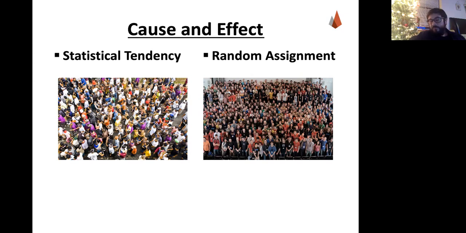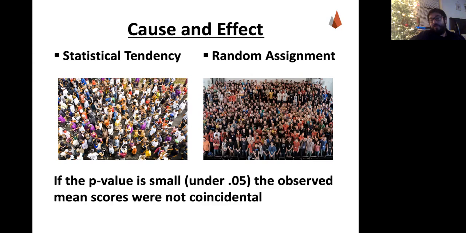Okay, so to wrap up, of course, social psychologists use a lot of different methods, a lot of different tools to study their variables of interest. And oftentimes we rely on this notion using statistics that the p-value under 0.05 means that the scores or the differences were not coincidental.